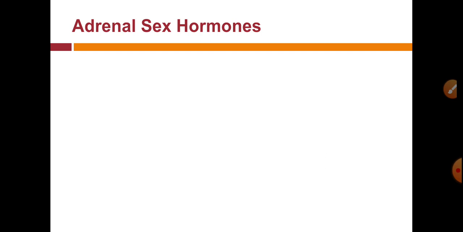So this is about the source of secretion of adrenal sex hormones. The most common source is zona reticularis, while zona fasciculata also secretes adrenal sex hormones, but in very less quantity.